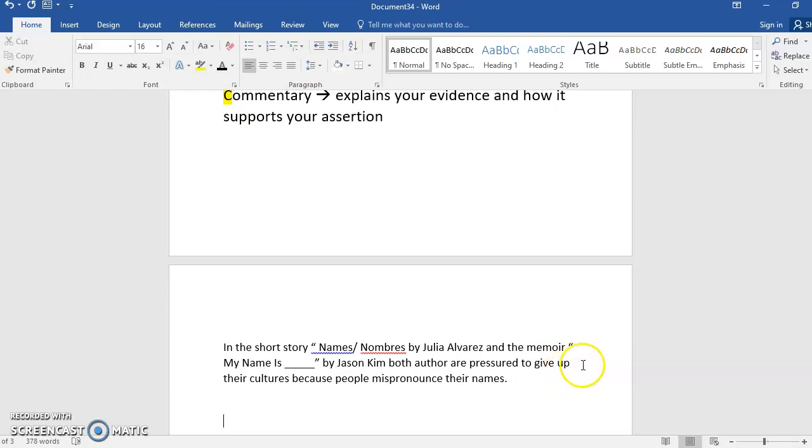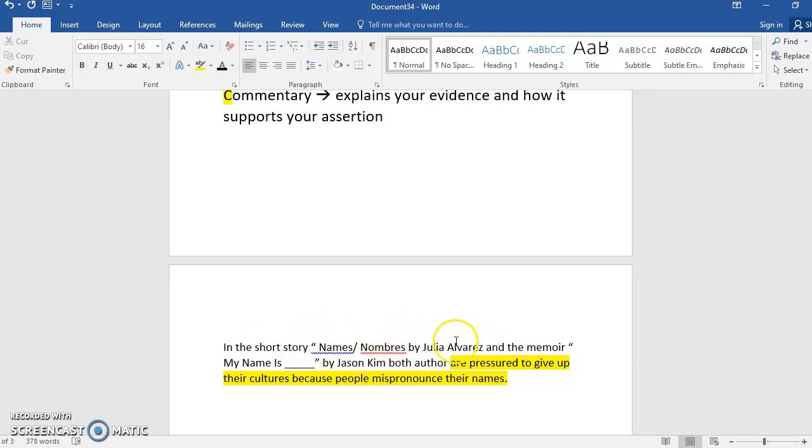I said that they are pressured to give up their cultures because people were mispronouncing their name or not saying their name correctly.